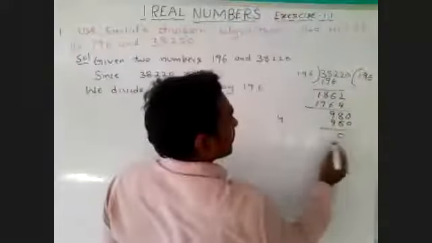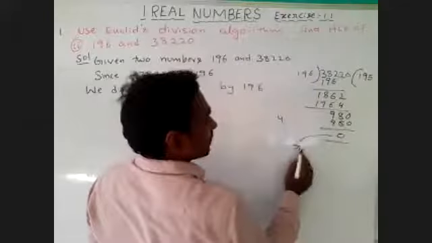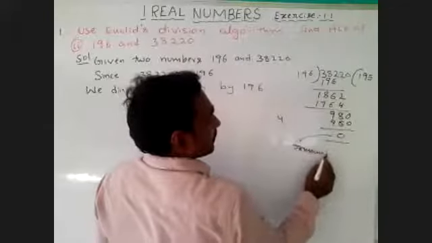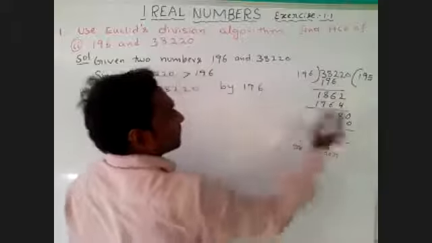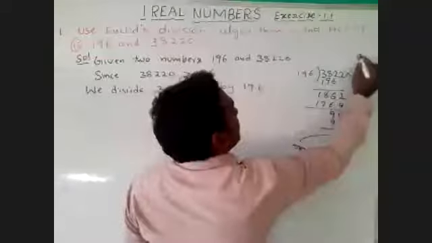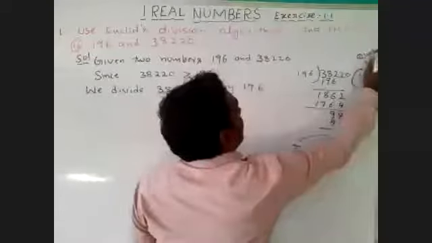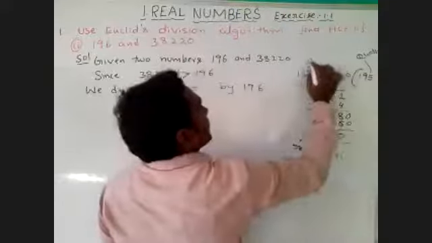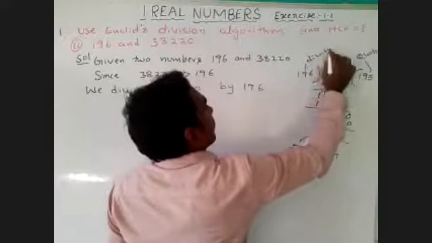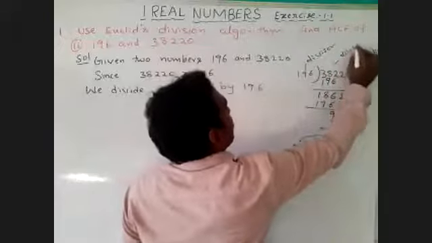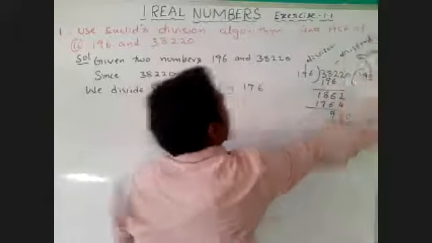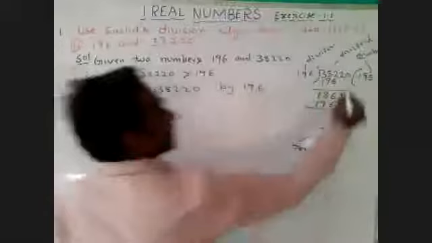So the remainder is 0. This is the quotient, this is the divisor, this is the dividend.